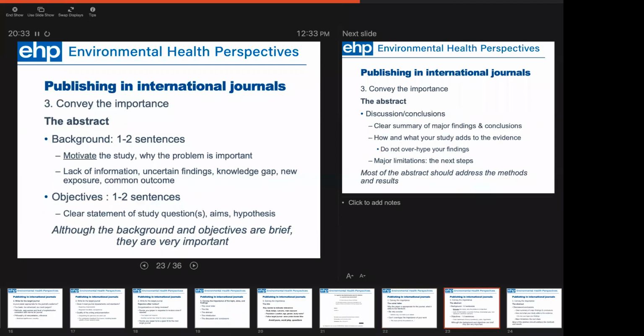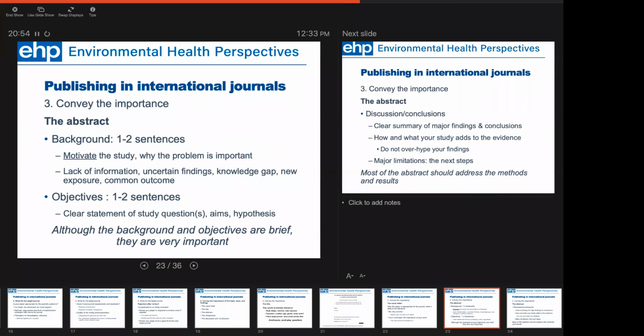The abstract is also really important to convey the importance of your study. Again, this is part of the first impression. So the background and the objectives. Now, even if the journal doesn't have structured abstracts with subheadings, I strongly encourage you to write it in a structured way.